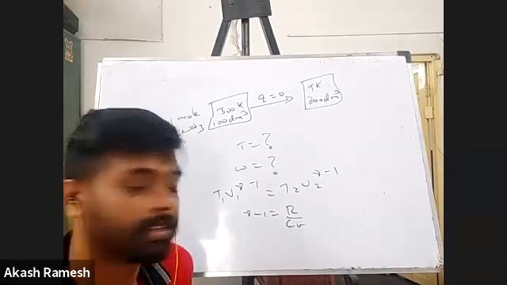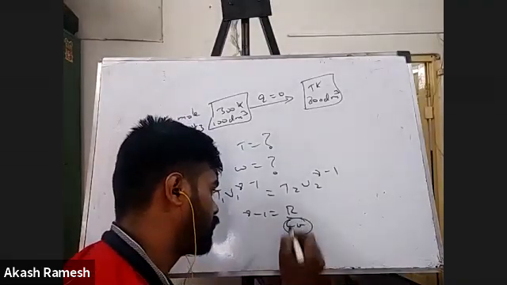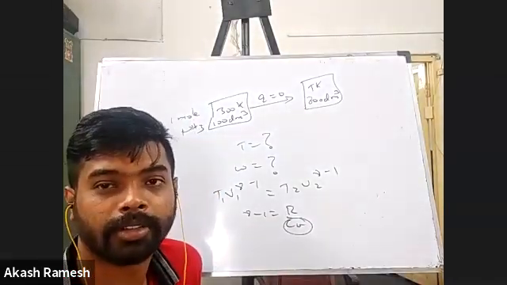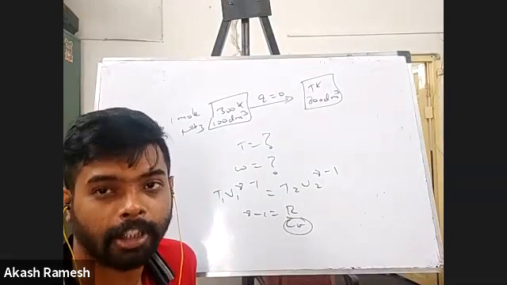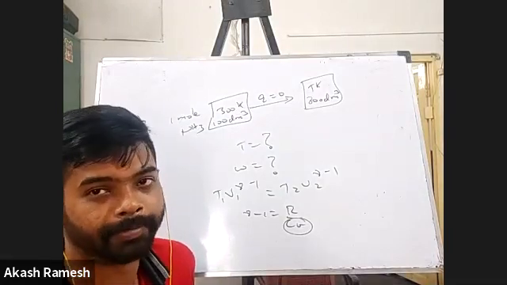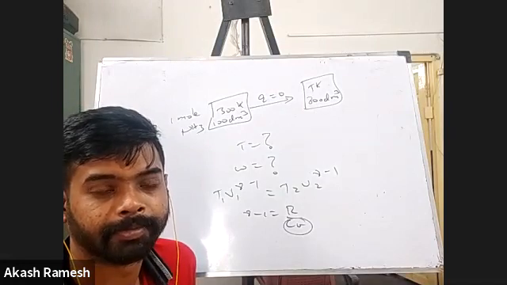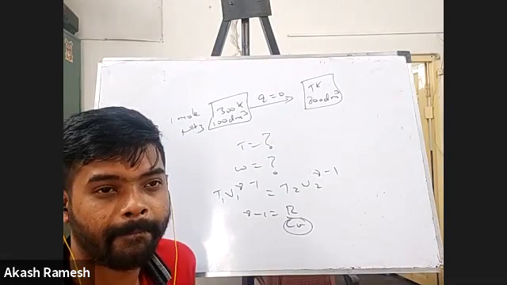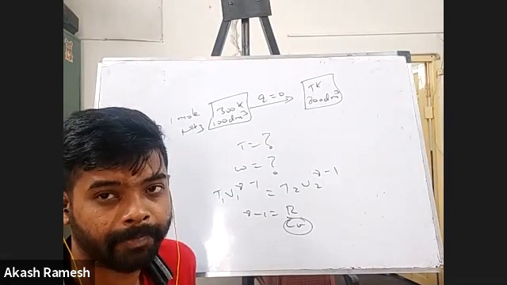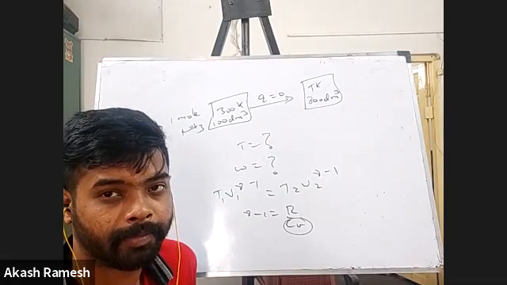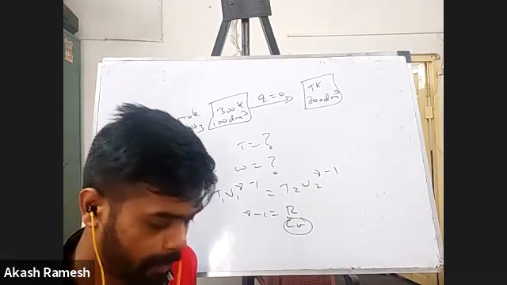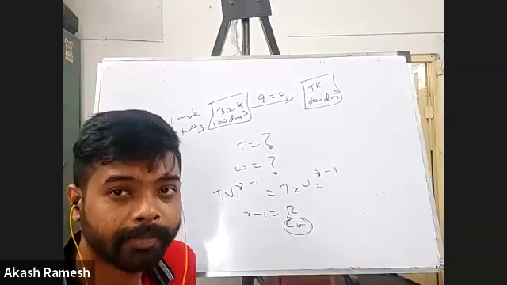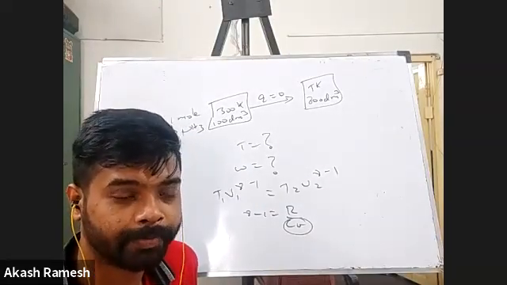I'm asking the CV value. CV value is heat capacity at constant volume. Okay. So I'll assume that you don't know.